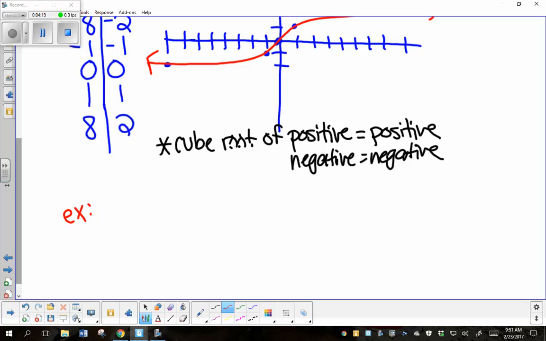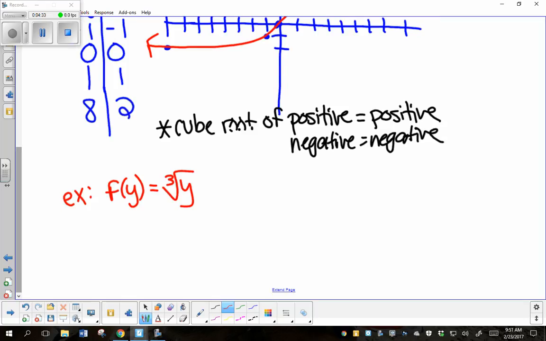So our example is, I'm going to give you a function, f of y equals the cube root of y. And then we're going to find some values of y, like we're going to plug in some things for y. So we're going to find f of 125. If you know it, don't say it out loud, just write it down.